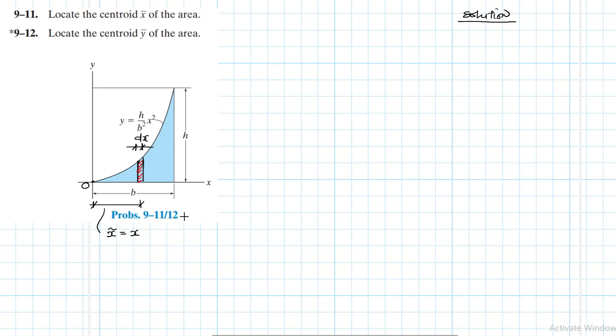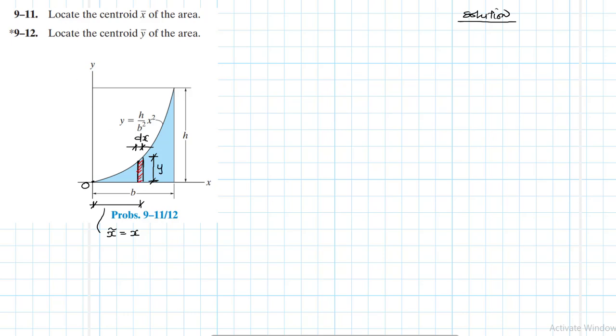Then this whole height from there to there is y.